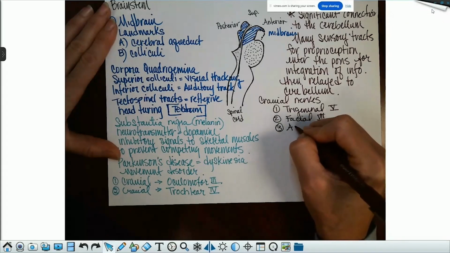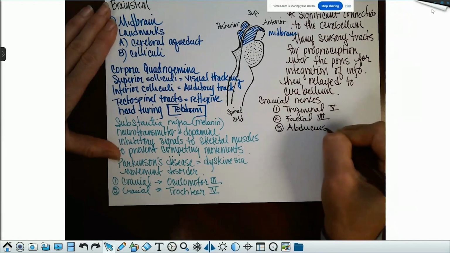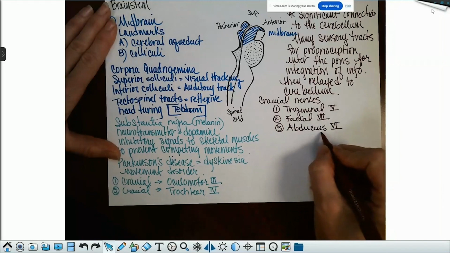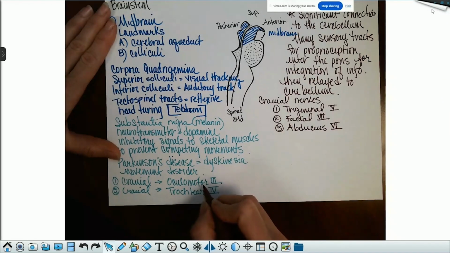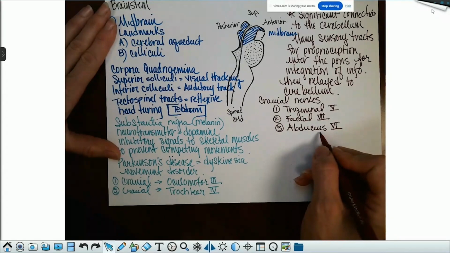The abducens, cranial number 6. This innervates one of your eye muscles. So you've got oculomotor, trochlear, and abducens all function in moving the muscles that are around the eyeball so that your eyeball can roll around in your head.